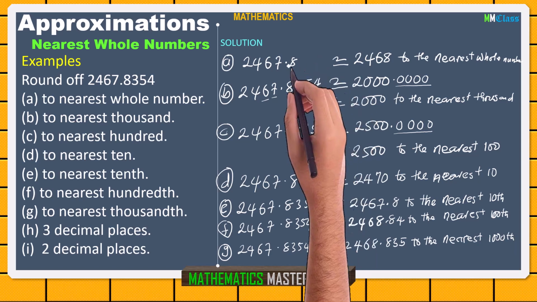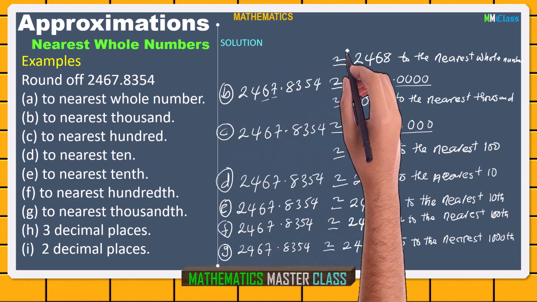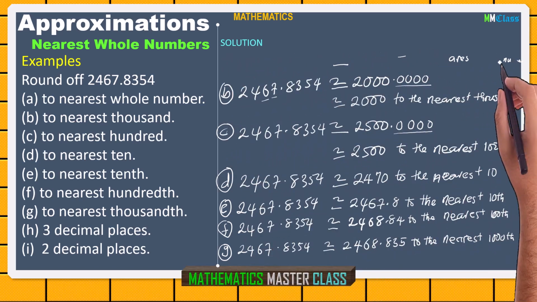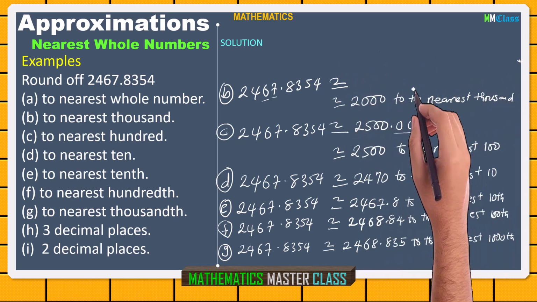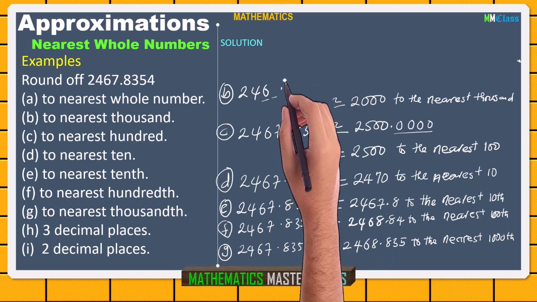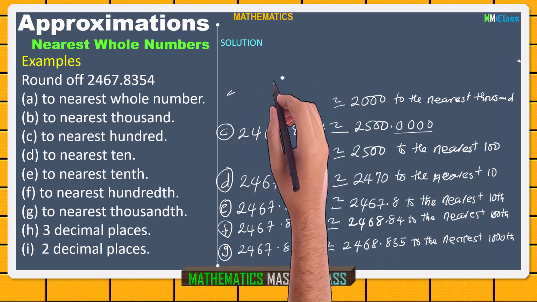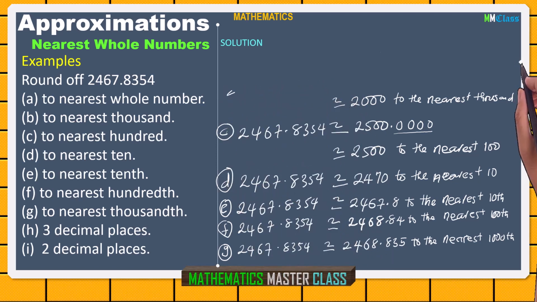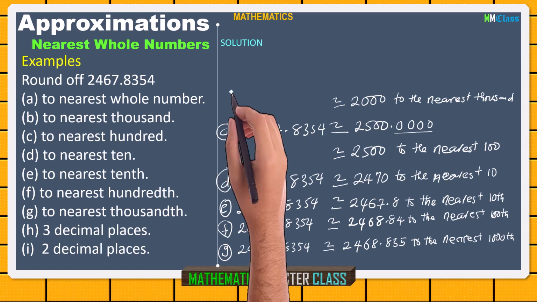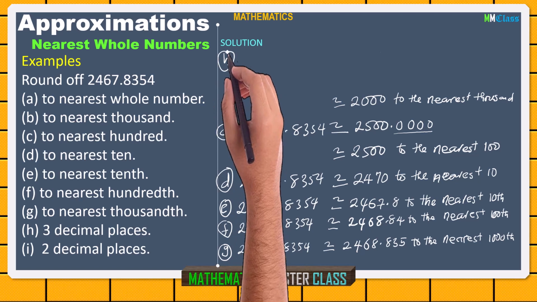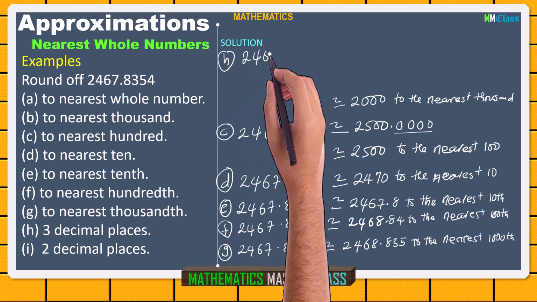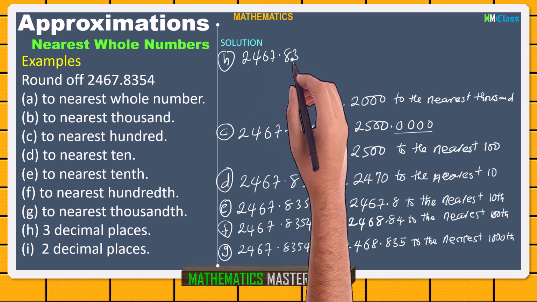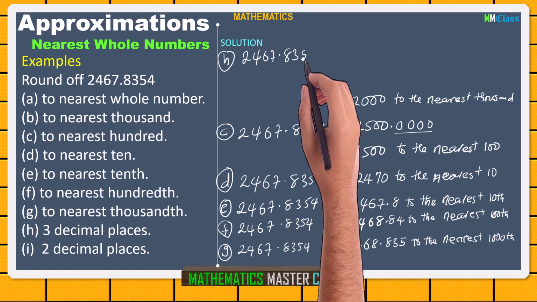So let's clean this part of the board and use it for 3 decimal places and 2 decimal places. So that is H. For H, we are going to write 2467.8354.